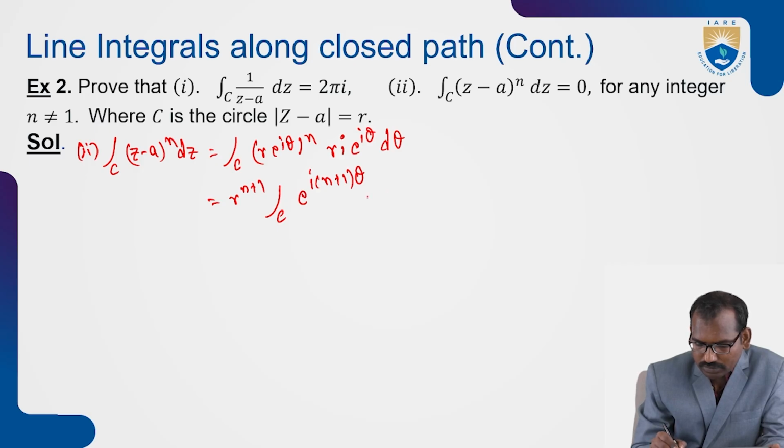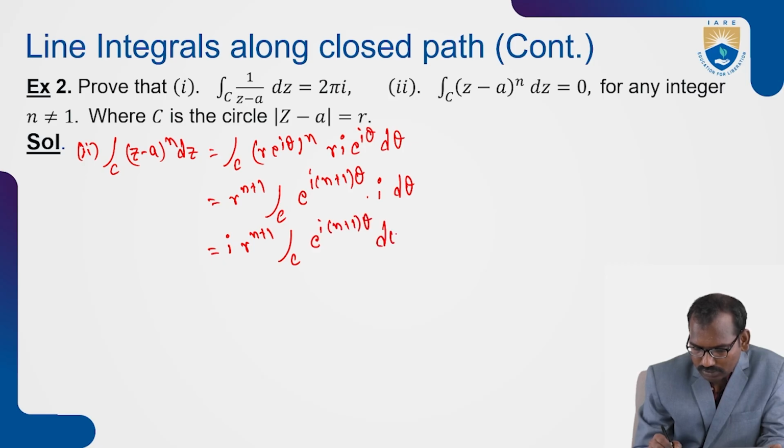You can observe there is i also in the integrand d theta. So i and r are independent of theta, and that's why we can take them out from the integral symbol. That is, i r power n plus 1 times the integration along C of e power i times (n plus 1) times theta d theta.